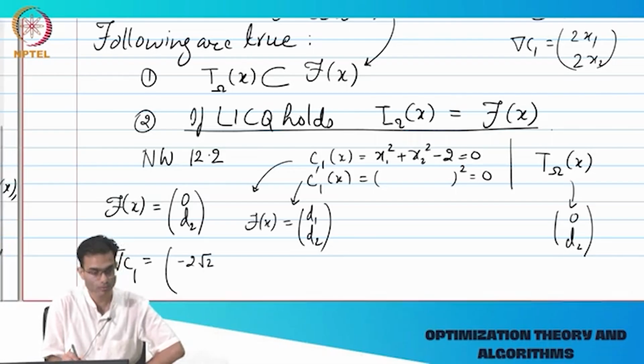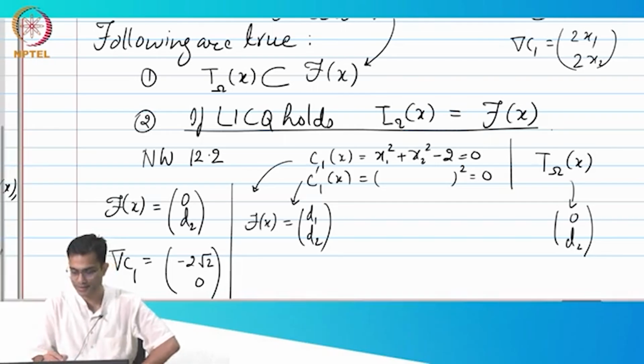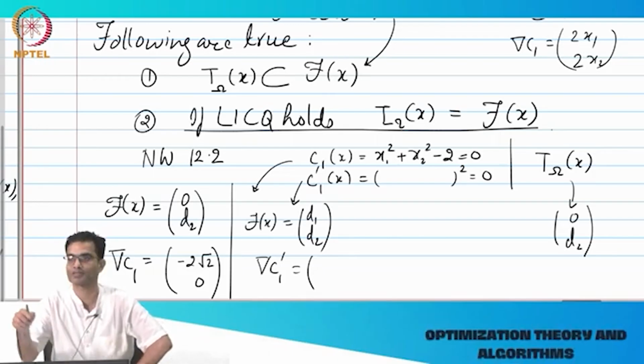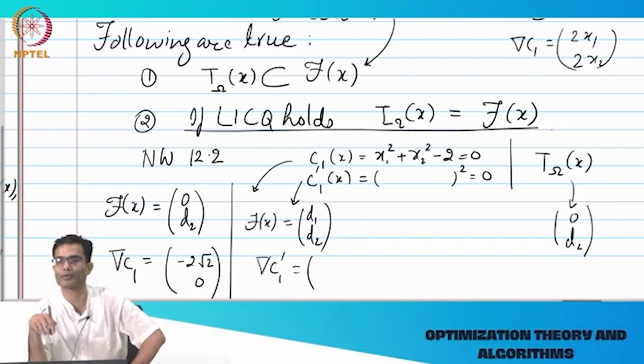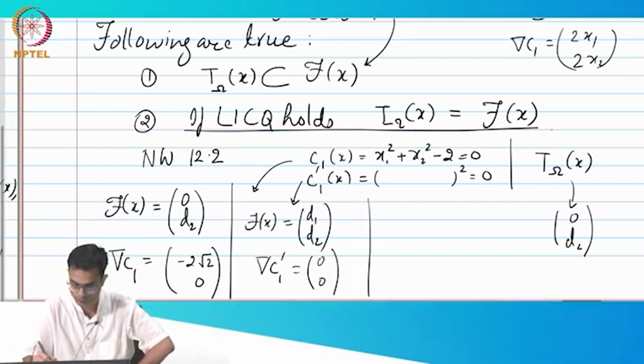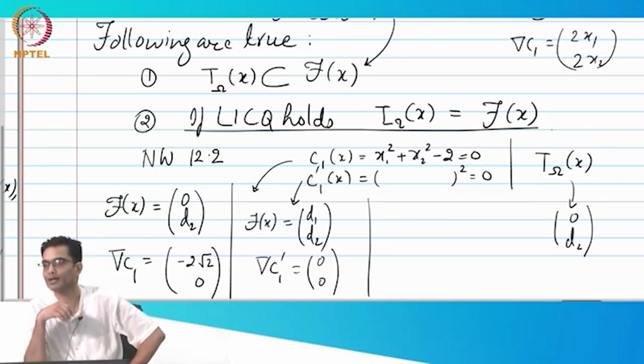Minus 2 root 2, 0, right? And when I calculate grad C1 dash, the whole thing squared, I take the gradient, what did I get? 0, 0. Now this is a little bit of a funny thing to ask.